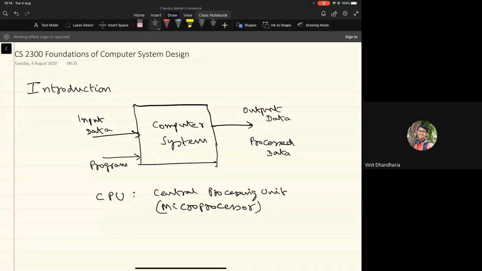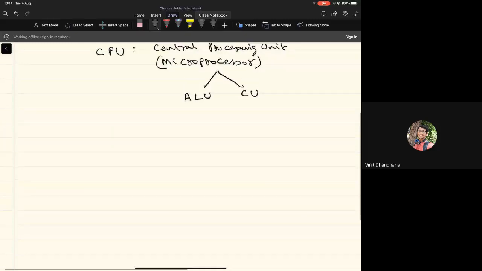As we'll be seeing later, the central processing unit itself consists of mainly two parts. One is what is called the arithmetic and logic unit, and another is the control unit.